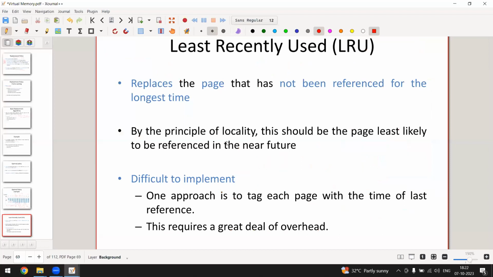Least recently used means whichever page was used very long ago. Whichever pages are used in the near past, we have to keep them, and whichever page is not used since a very long time, we have to discard it, right? That's what we do in our daily life also.